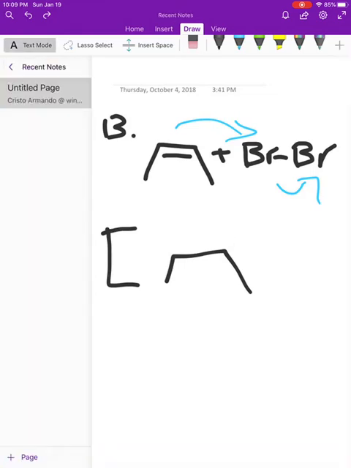I'm not going to redo it just because I can correct it here. So, what I forgot to note is that this is going to form a bromine bridge, right? And I do apologize for that mistake.